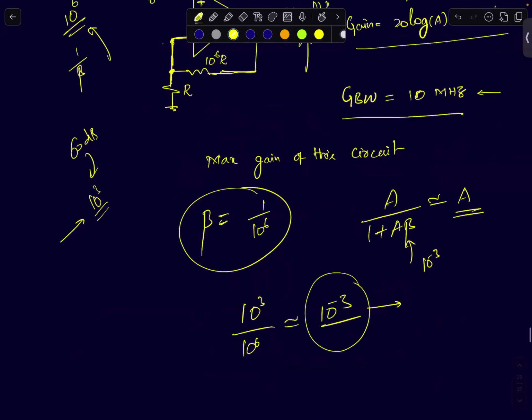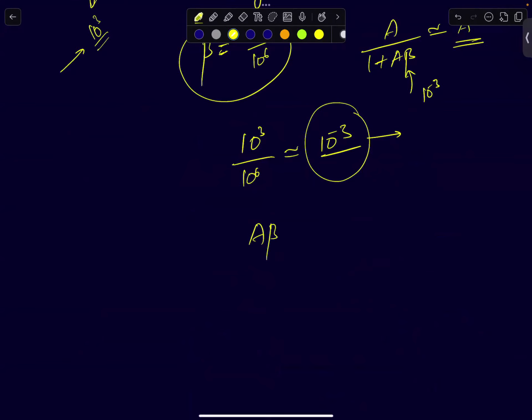You need this condition to be satisfied, otherwise negative feedback will not work. A beta should be much greater than 1, which means A should be much greater than 1 by beta. Your loop gain has to be much greater than 1, and this would imply your A has to be much greater than 10 power 6.